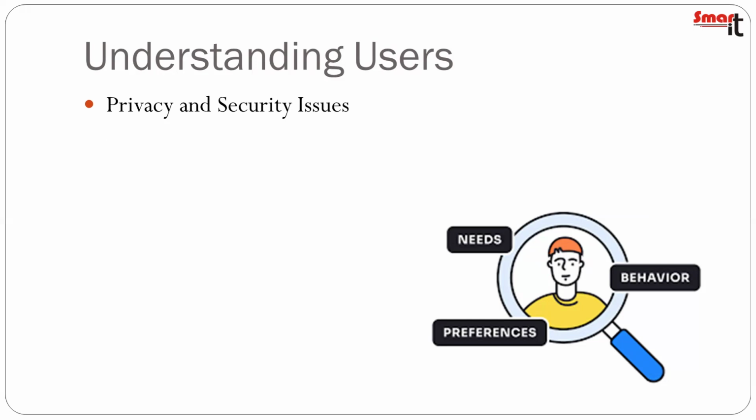Then you must focus on this area: privacy, security issues, education, and computer literacy. When you are developing an app, it is used by different levels of users who have different education levels, and the computer literacy may also be different.